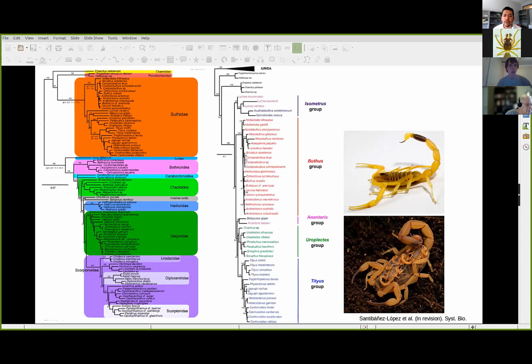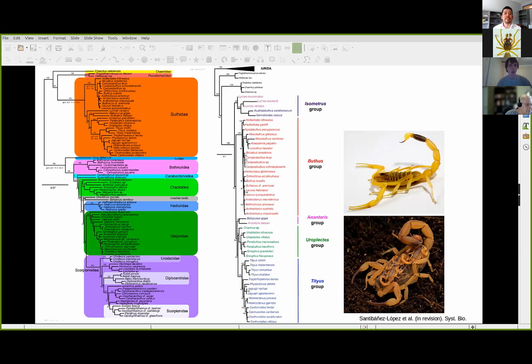But now let's just focus on Buthida, because of course Buthidae comprises nearly 47% of the extant scorpion diversity, and more importantly, it also contains most of the highly toxic scorpions to mammals; just a couple of species are not included there.